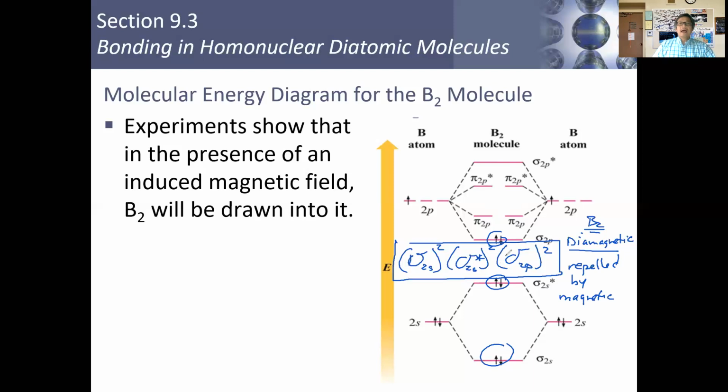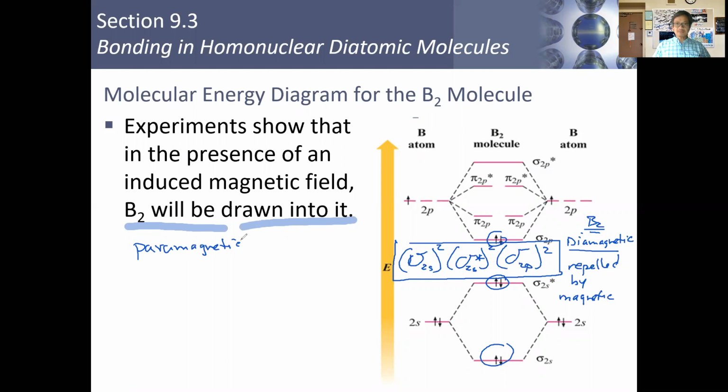However, the experimental data shows us that diboron will be drawn into a magnetic field. So experimental data shows that actually diboron is paramagnetic.